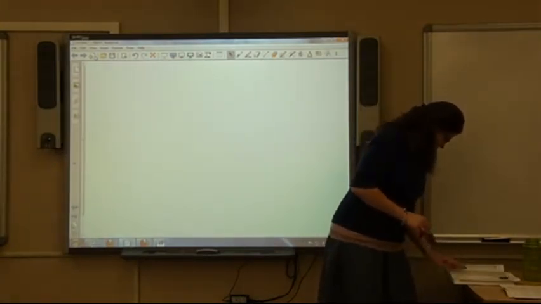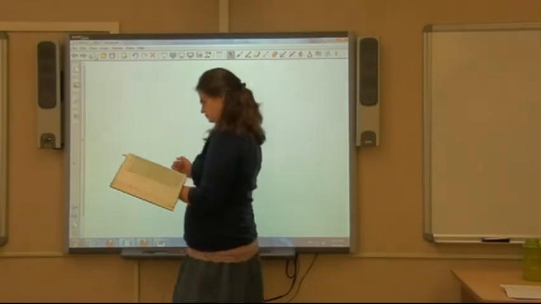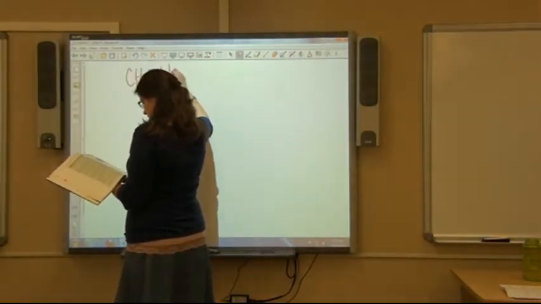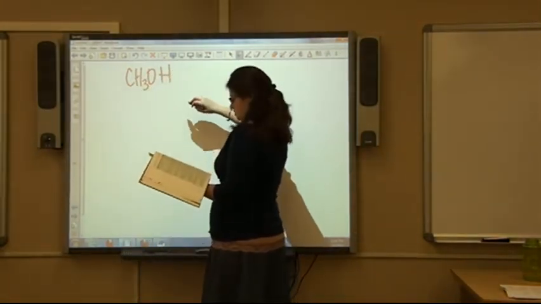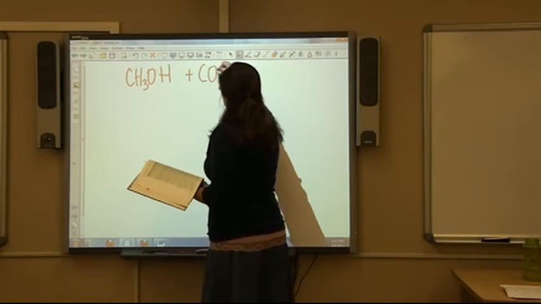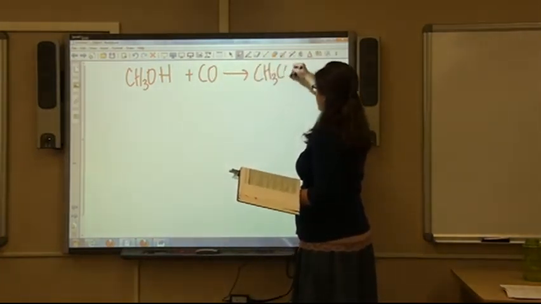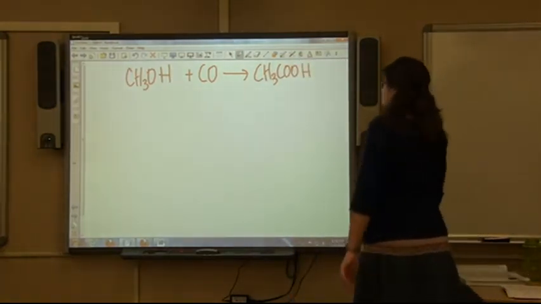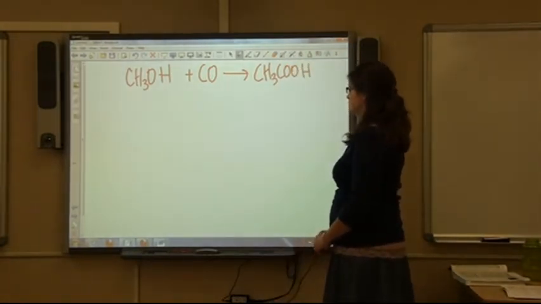Let us find an example. Let's take this example. CH3OH is methanol plus carbon monoxide yields acetic acid. Okay, so firstly, just check to see if it's balanced.